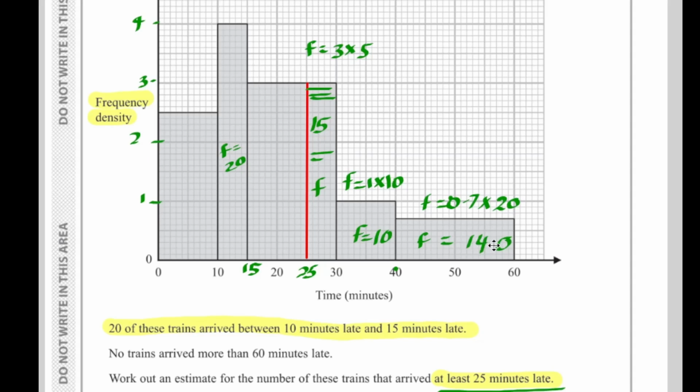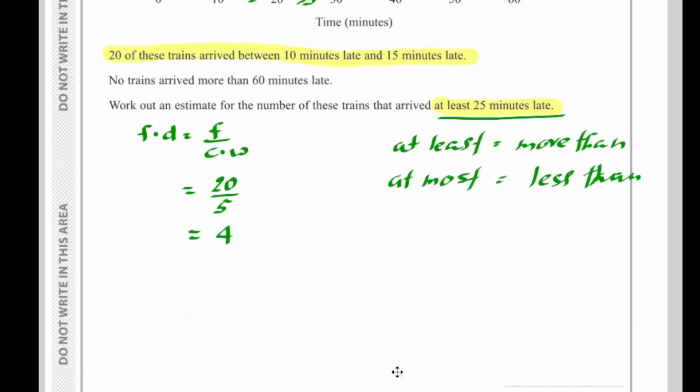It is 14. Then we add all the frequencies together. Then I'm getting 15 plus 10 plus 14, which becomes 39. So it is 39.